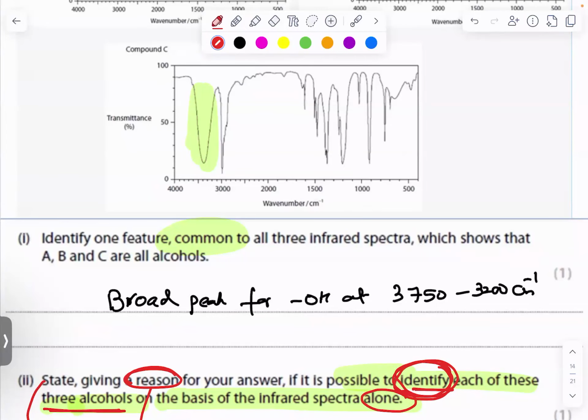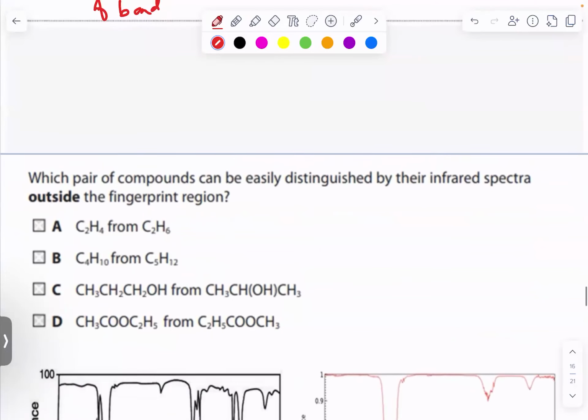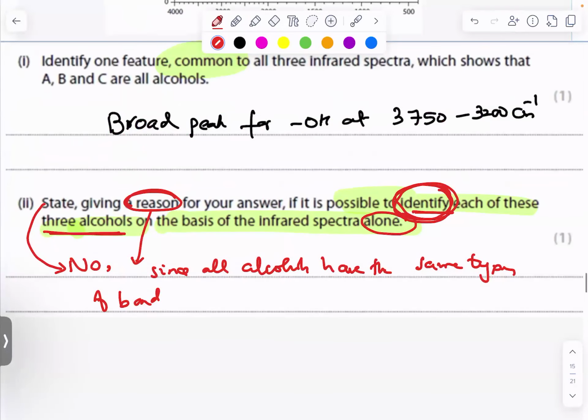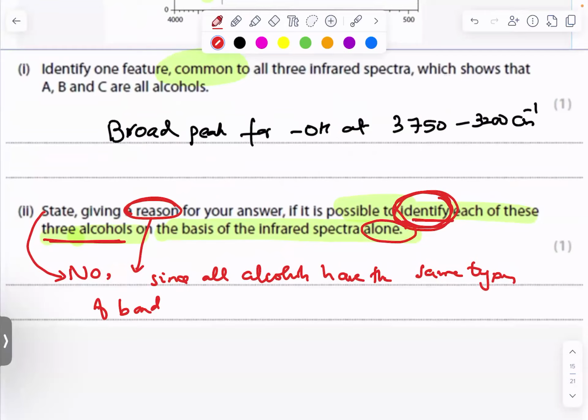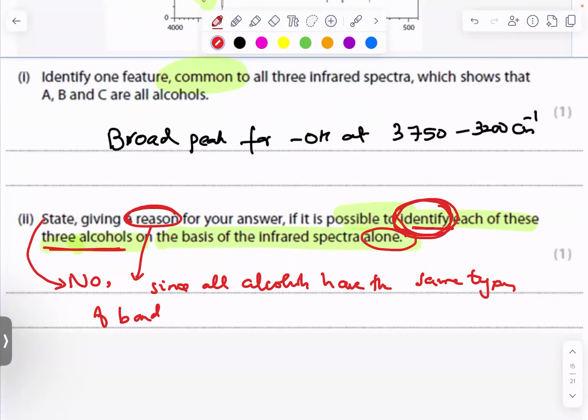Is it clear? Yes, but I don't understand the answer you wrote. What's the problem? I'll explain again. Since all alcohols have the same type of bond, which bond is there, Anika? The OH bond. That's it.